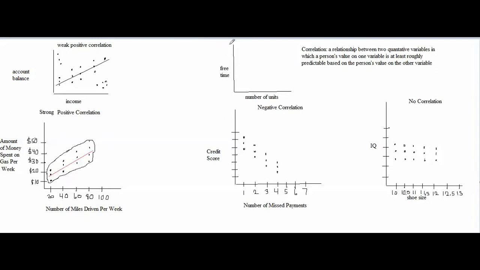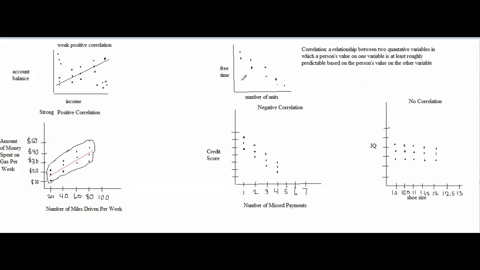So let's take a look at what the scatter plot might look like. You might sort of see a correlation in which the dots are dropping from left to right. But we're also going to have a lot more people who don't fit the pattern very well.